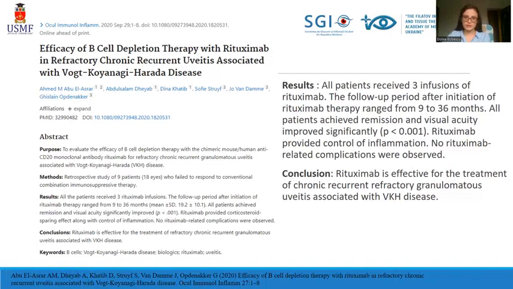All patients achieved remission and visual acuity improved significantly. Rituximab provided control of inflammation. No rituximab-related complications were observed. In conclusion, rituximab is effective for the treatment of chronic recurrent refractory granulomatous uveitis associated with Vogt-Koyanagi-Harada disease.